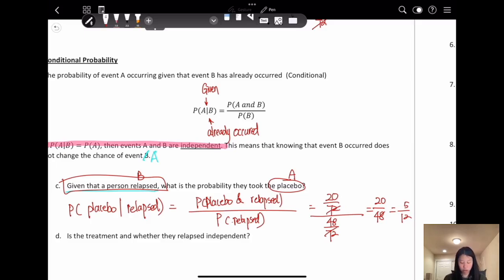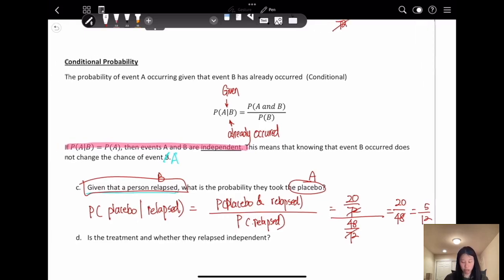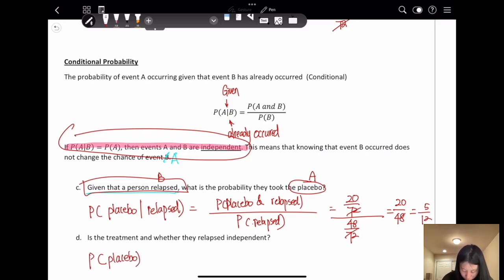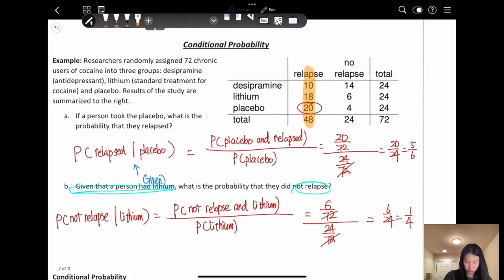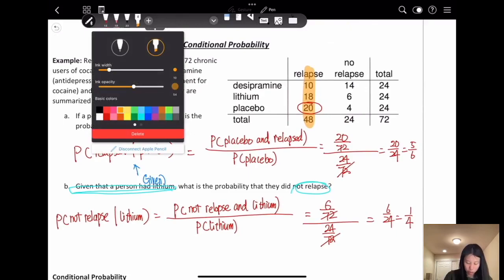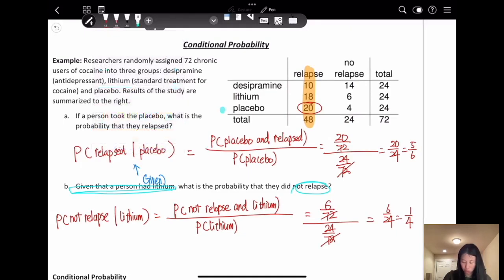Okay, so are this treatment and whether they relapse independent? So now take a look here. They told you that if the events are independent, then the probability of A given B should equal the probability of A. So now let's take a look. What's A? A is the placebo. What's the probability of people who took placebo? I'm going to use a different color of pen. People who took placebo would be this row.